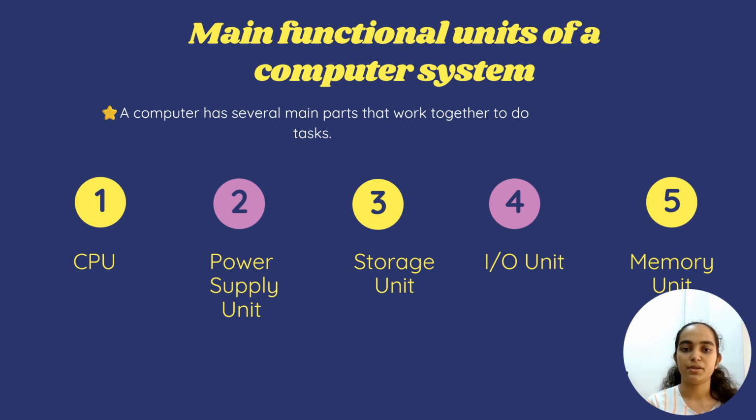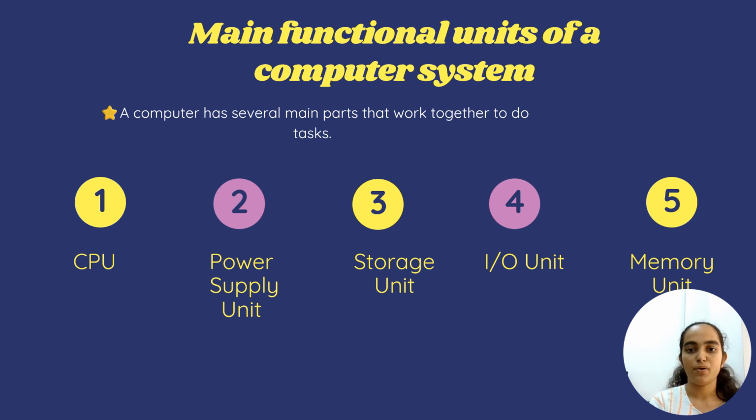Power supply unit provides the electrical power required for every component. Storage unit stores our files, applications, images, everything, even when the computer power is turned off. Next one is input-output unit.